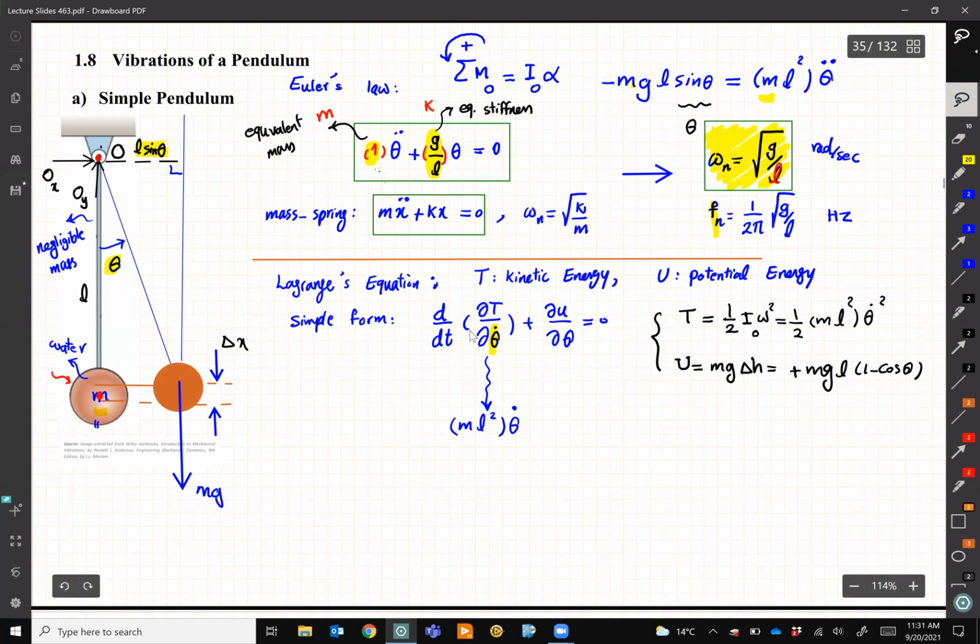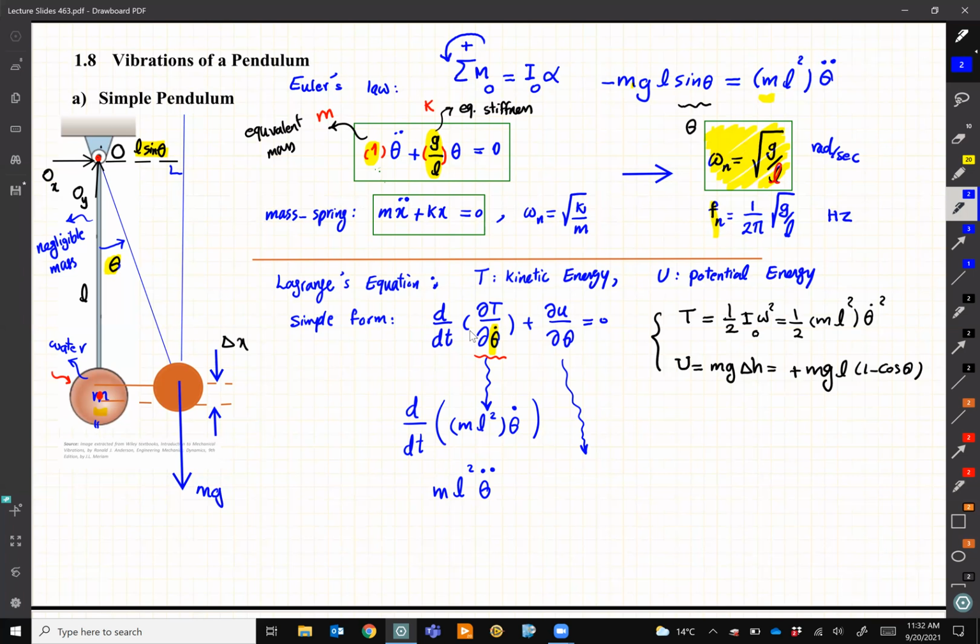Now let's take the derivative of everything that I got here with respect to time. This is the part inside the bracket. If I take the derivative of everything here with respect to time, I would get m L squared, and the derivative of theta dot with respect to time gives me theta double dot. The other one is easy: the derivative of U with respect to theta. m g L is a constant, the derivative of 1 is 0, and the derivative of cosine is sine theta.